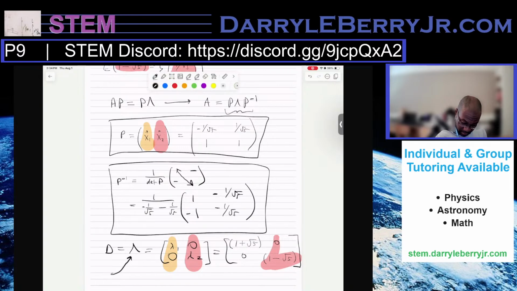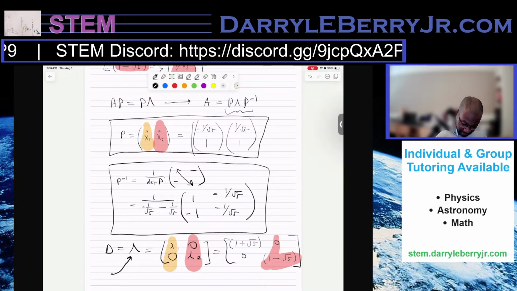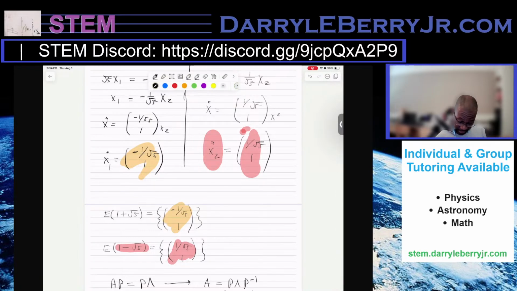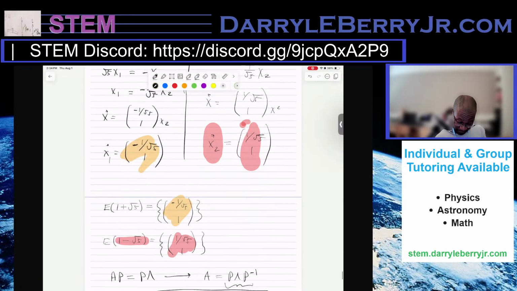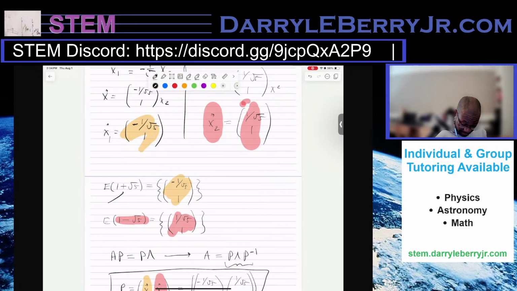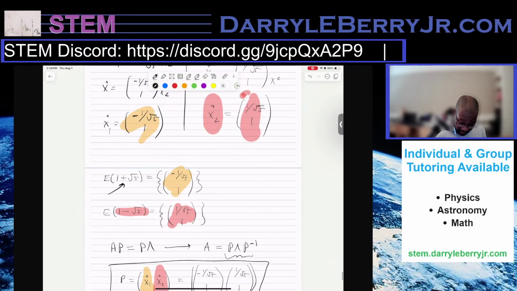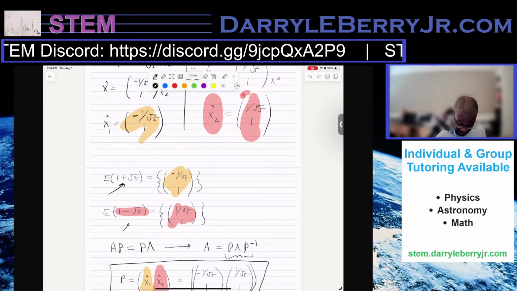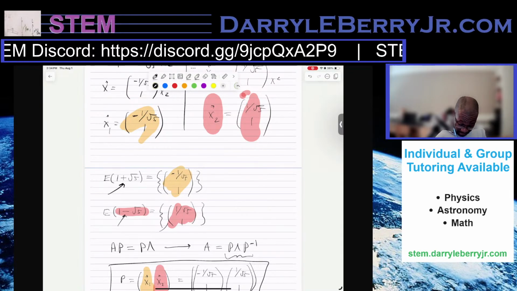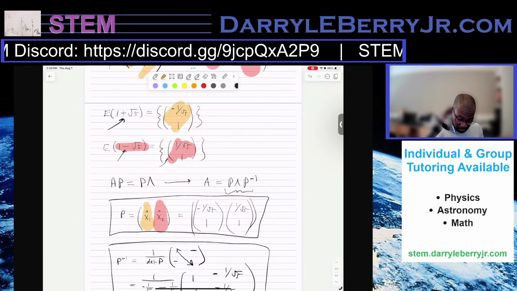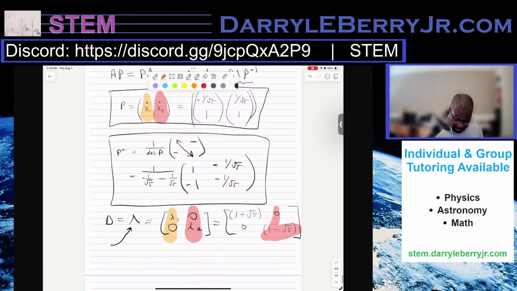The fact that the negatives are different is throwing me off. There's a negative on the eigenvector, but it's positive on the eigenvalue. And here it's both positive, so that was throwing me off. That's right, it lines up.